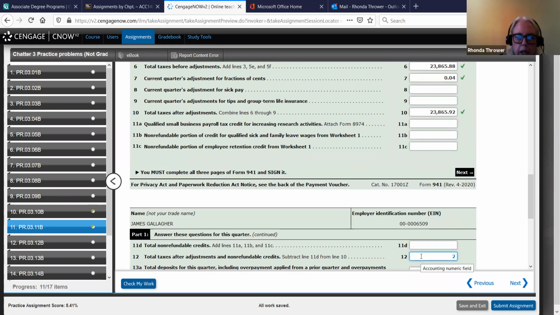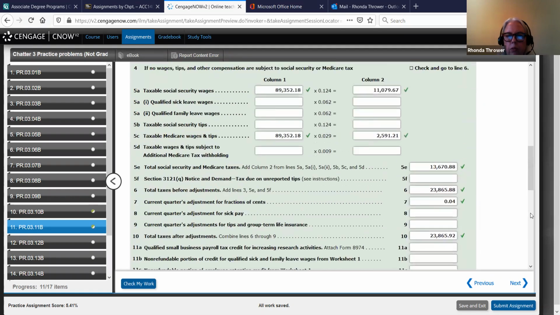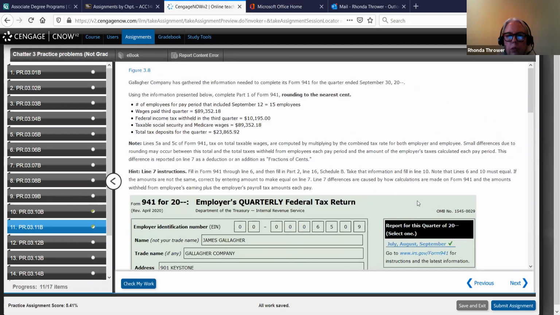So $23,865.92 would go in line 12. In line 13, the total deposits for this quarter. The total deposits for this quarter were given. The total deposits were $23,865.92.